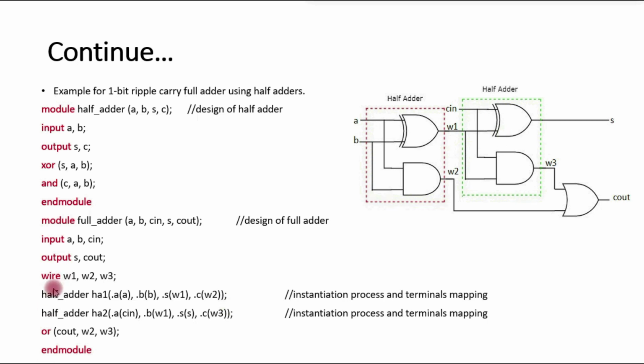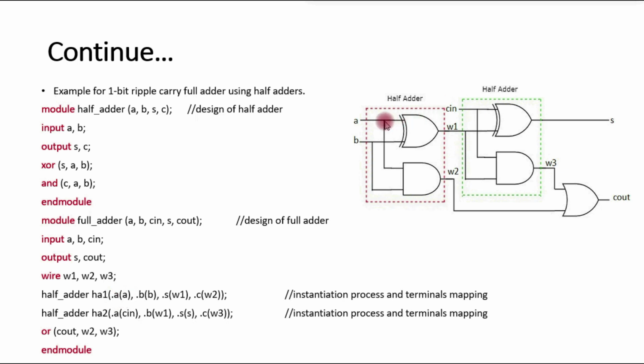So the half adder label is HA1 and brackets. In the brackets we require the terminal mapping, because in the half adder we are using A and B, and in the full adder we are using the same terminals A and B. So we have to match these terminals for the complete module, or the full adder circuit. So dot A, this A is the input signal for the half adder circuit. So for half adder 1, the first input signal is A and brackets, and in this bracket this input terminal should be mapped with the final circuit.